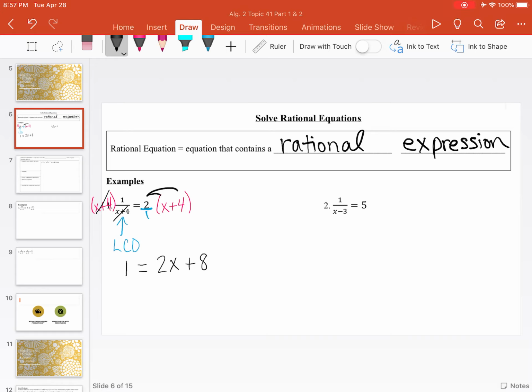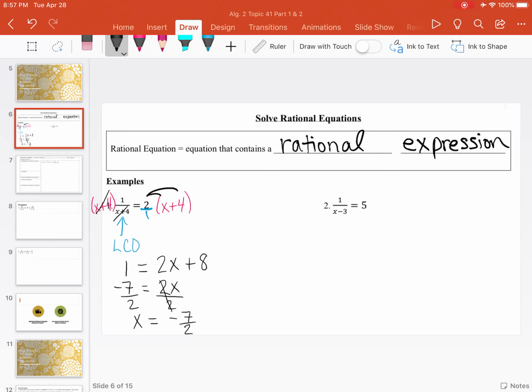Subtract 8 on both sides. Negative 7 equals 2x. Divide both sides by 2. Easy peasy. x equals negative 7 halves. So that's our first example, and how to solve for x in that first rational equation.